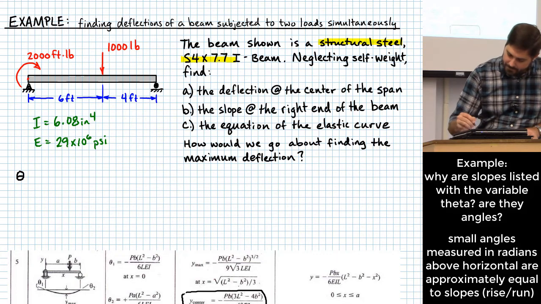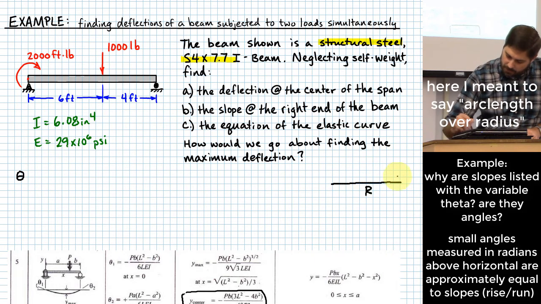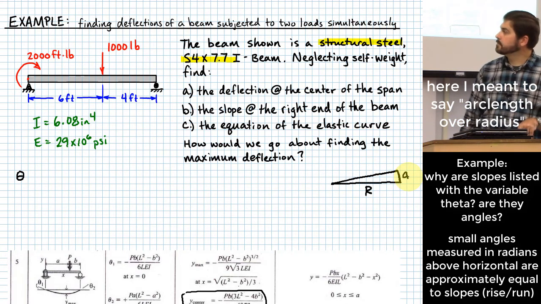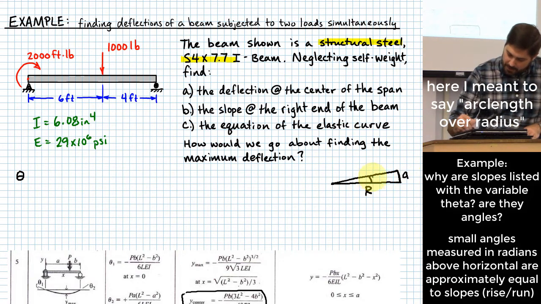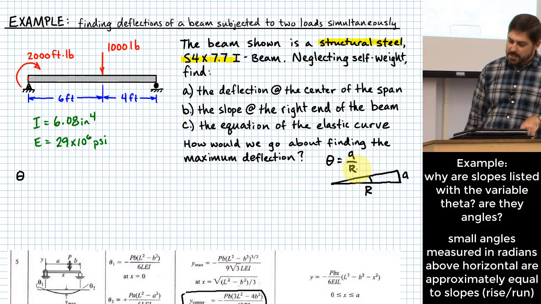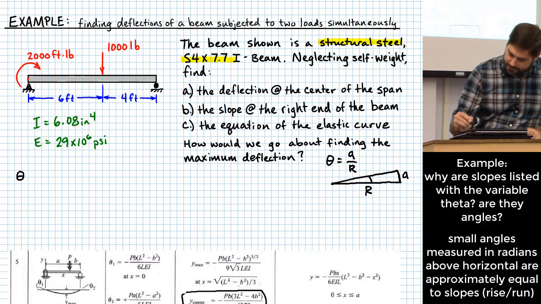Here's what I mean. The definition of a radian is an arc length over a radius. So let's say that little arc length right there is, I'll just say A. Okay? So we're going to say that theta right here is going to be equal to A over R. Now let's think about this as a slope.